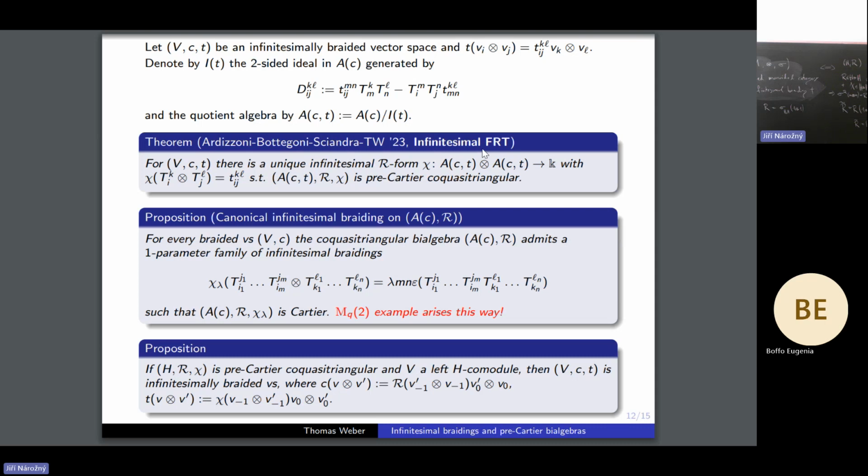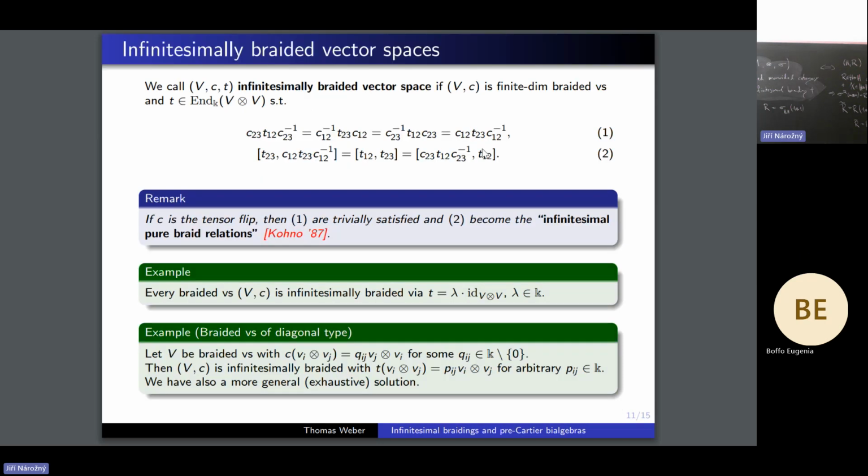In this case, yes, but if you go back to the braided vector spaces, this corresponds to the trivial way. So this T is just multiplying the unit basically. So the trivial way to solve this, 1 and 2. If you can figure out something that's non-trivial, then probably the expression of chi will be less nice. But in principle, every t that solves this will give you a chi.